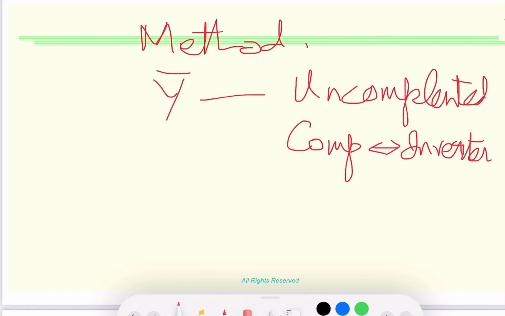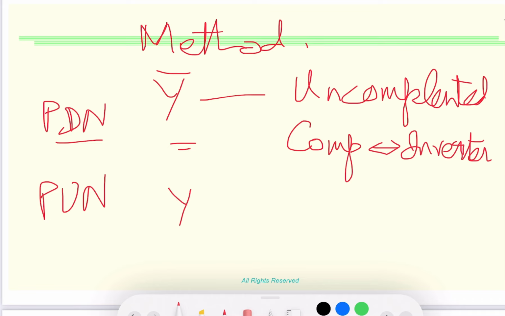And if you want to make a pull-up network, so this is for pull-down for NMOS, where our output is going to 0. In the case of pull-up PMOS, that can be expressed in terms of Y as a function of the complemented variables. So then our inputs are opposite to what we are getting at the output.